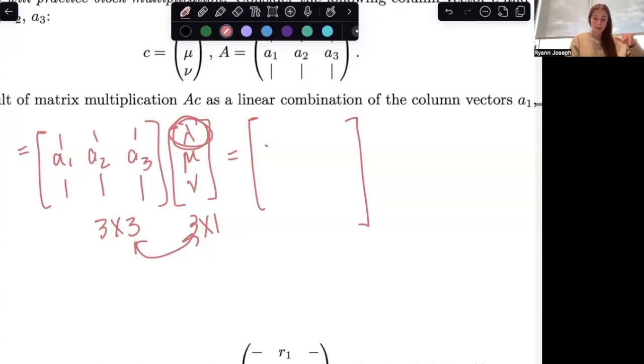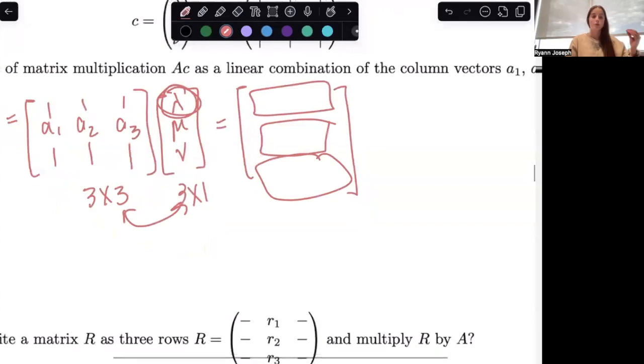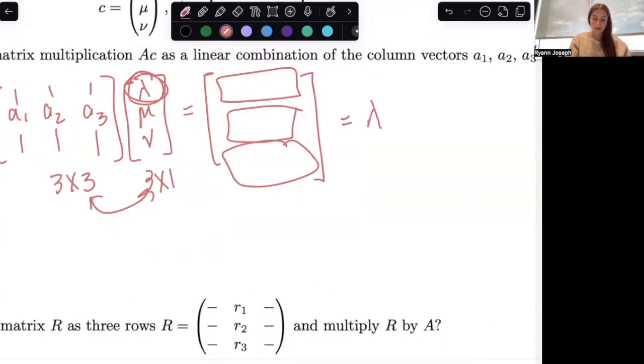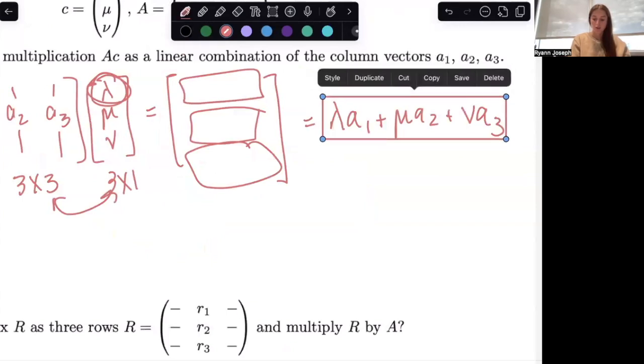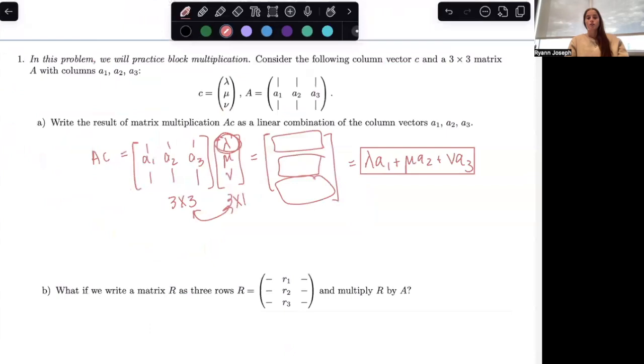We can't write it like this row, and this row as we've been doing previously, but we can represent it as lambda times A1 plus mu times A2 plus nu times A3. This question is kind of getting you to think about different ways of representing matrix multiplication. We're going to need to do this type of multiplication later, so that's why it's asking you to do that.